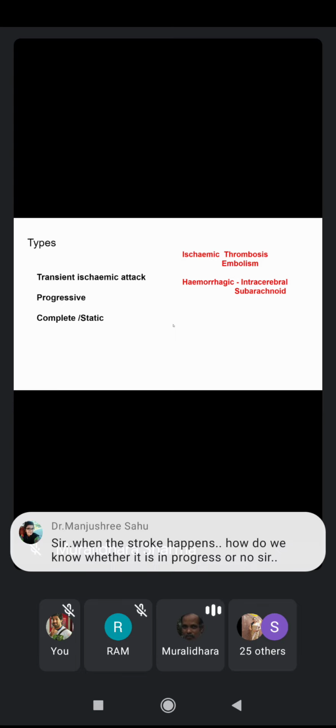Hence the hemorrhagic stroke would always have a catastrophic onset and a relatively early recovery. Thrombosis patients have a gradual onset and a progressive course. Embolism has a sudden onset but localized features. This is the primary classification of stroke which we identify, and it is important from the clinical point of view.